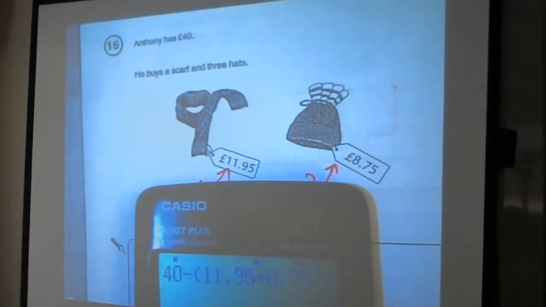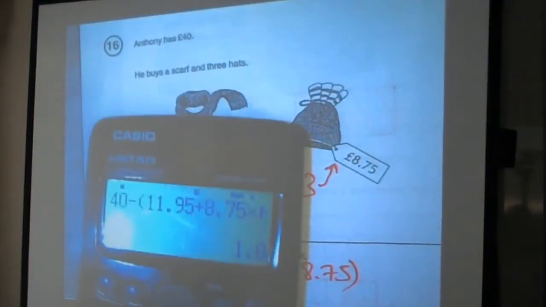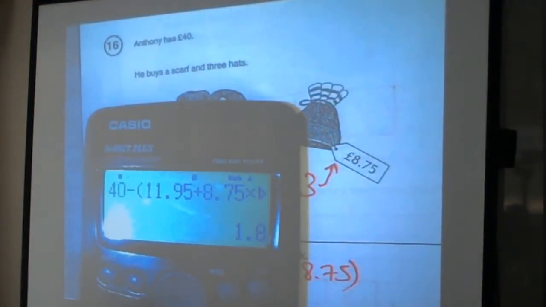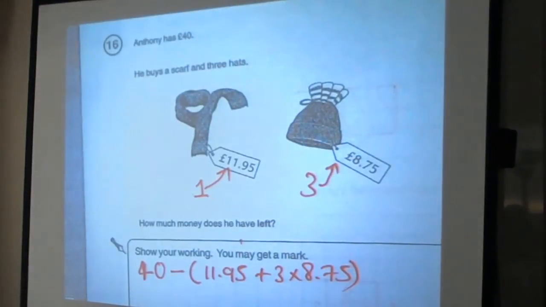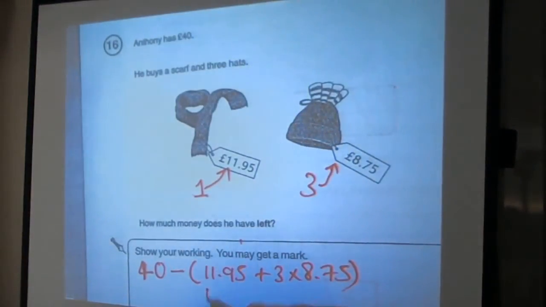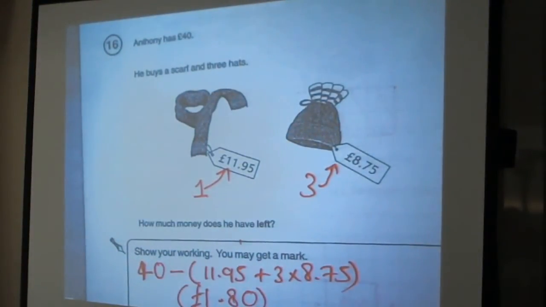And that equals 1.8. So 1.8 is the answer my calculator is giving me. I'm putting my answer up here to keep it within the camera view. £1.80 is the answer.